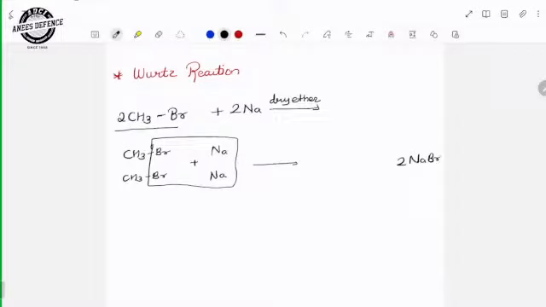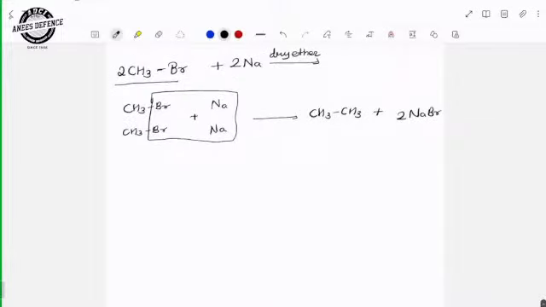This CH3 and this CH3 will bond together to form ethane. If you are taking 2 moles of methyl halide, you will get ethane. If you are taking 2 moles of ethyl halide, then you will get butane. You just have to multiply it by 2.